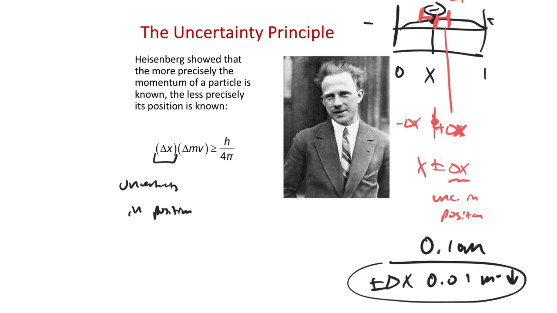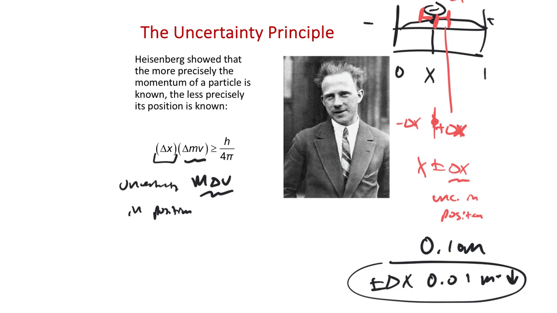Then we can relate that to delta m times v, the uncertainty in the momentum of the particle. The mass of the particle is usually a constant. It isn't changing, so we usually end up rewriting this as m delta v. Since the mass is constant, it's only the velocity that is really part of the measured quantity.